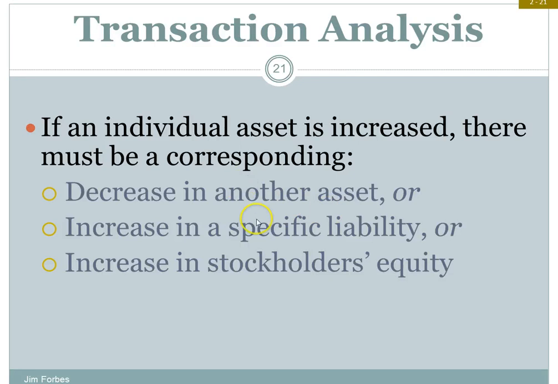The other possibility is you increased a liability account. Maybe you bought some equipment again, but this time it was on credit. So now you have a debit credit, but because it's an increase of a liability. Or maybe you have an increase of, let's say, of the stockholders' equity. Again, an example would be the first example. We deposited cash, hence we debit the cash account, but then we increase the stockholders' equity. It will always follow that basic accounting equation.